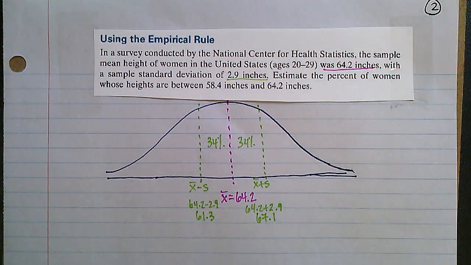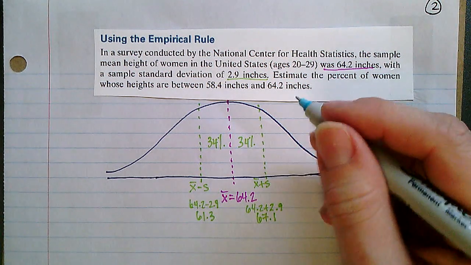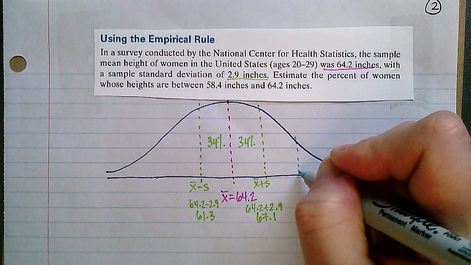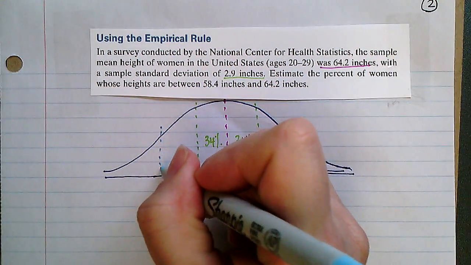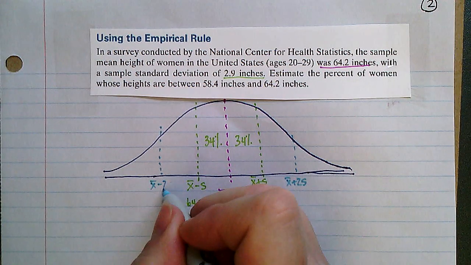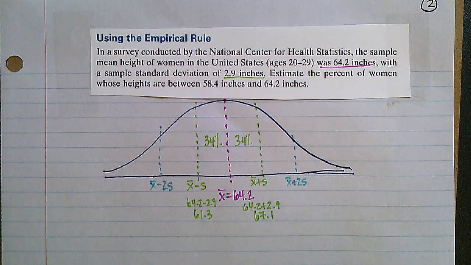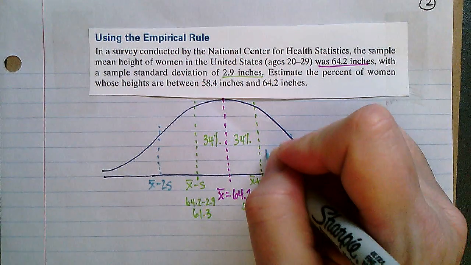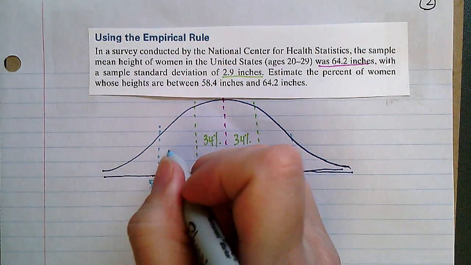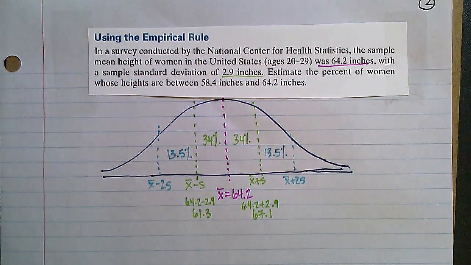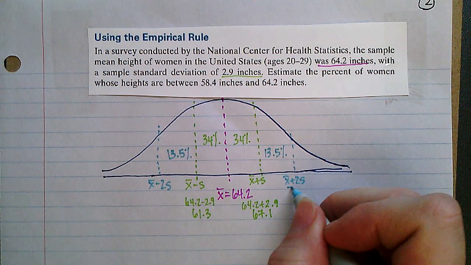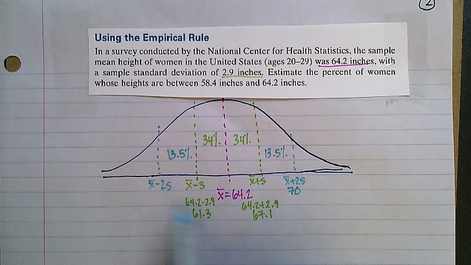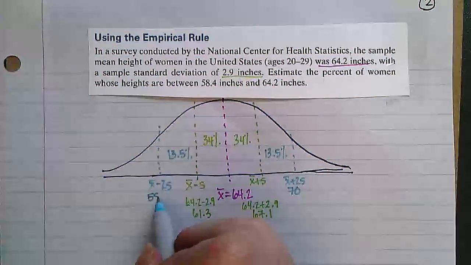And we'll go out 2 standard deviations now. So now I have X bar plus 2 standard deviations over here and X bar minus 2 standard deviations on the left side. And remember that each of these is 13.5%. So I need to add another 2.9 onto my 67.1, which gives me a value of 70, and subtract another 2.9 from my 61.3, which will be 58.4.